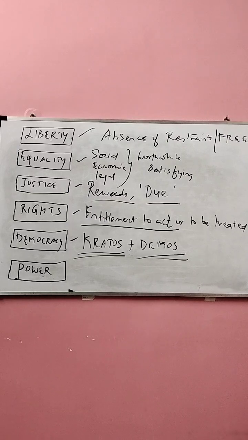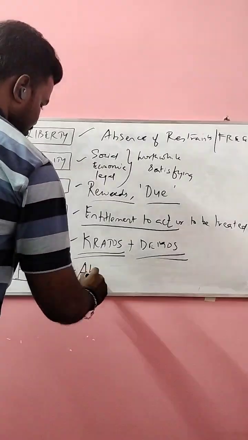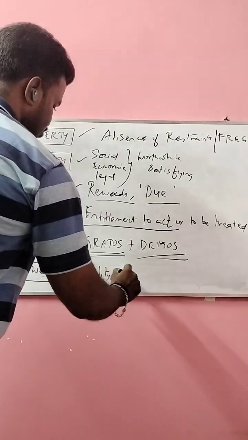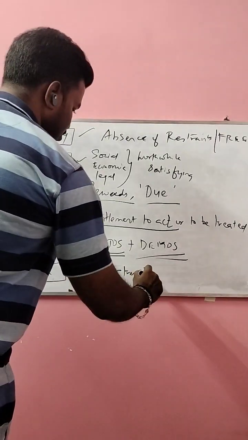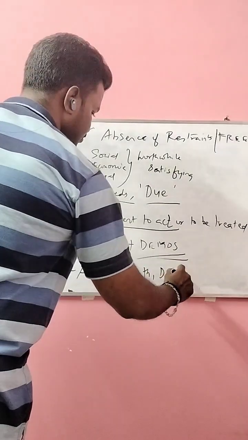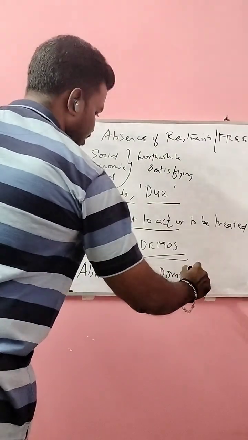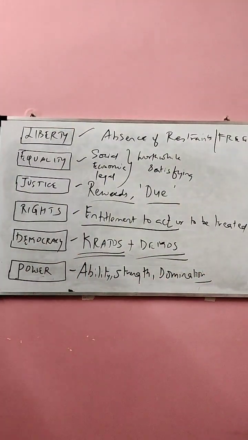The last concept is power. What is power? Power is seen as the ability, strength, or domination. This is the general meaning of power. But from a political science point of view, we have to look at power more intricately.